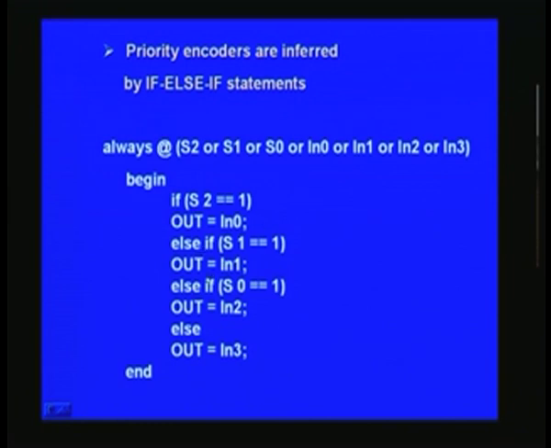And otherwise, if S1 is 1, so you assign IN1 here, and so is the case for IN2. And otherwise, here what I want to point out is this you are already familiar with. What is the point in repeating here is how the synthesis tool views this, and how many mux it places. That is the pointer that we would like to show you.